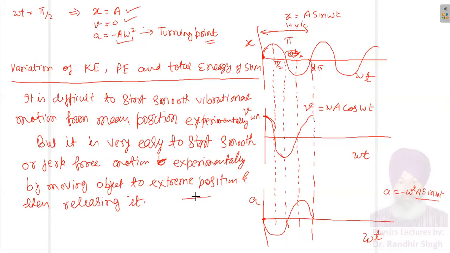So if we have a pendulum like this, instead of starting the motion from mean position, someone can move this bob to this extreme position, or you can move it to the left hand side position. And if you release it, then it will move smoothly in this direction. If you release here, it will move smoothly in this direction.